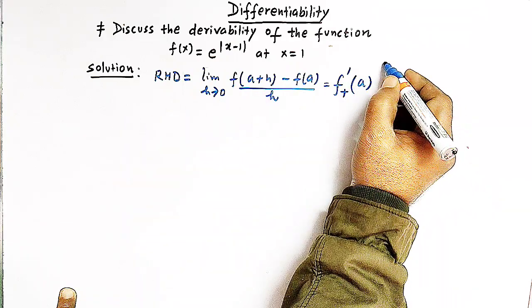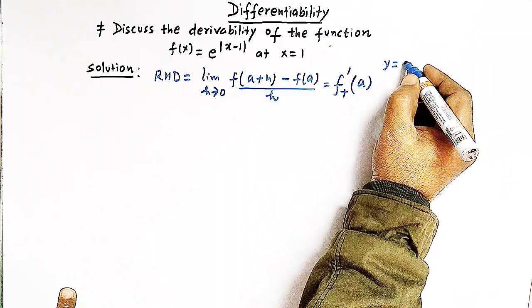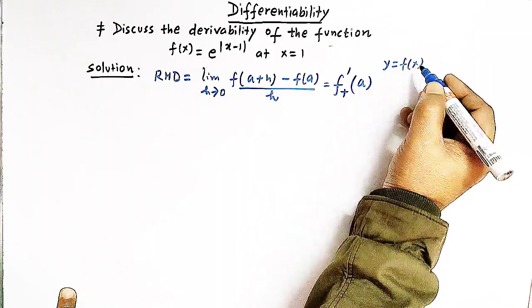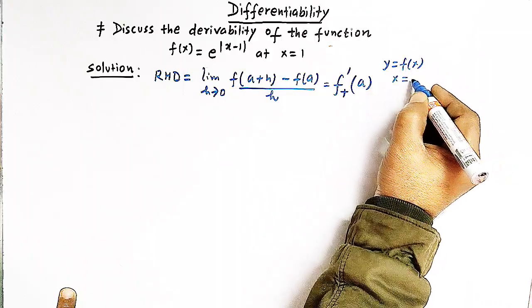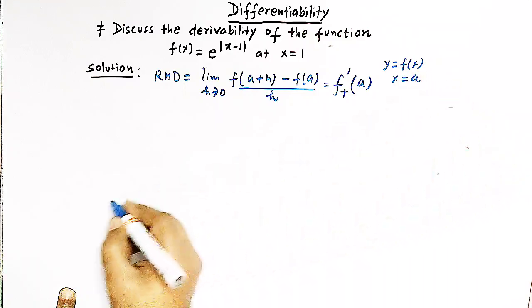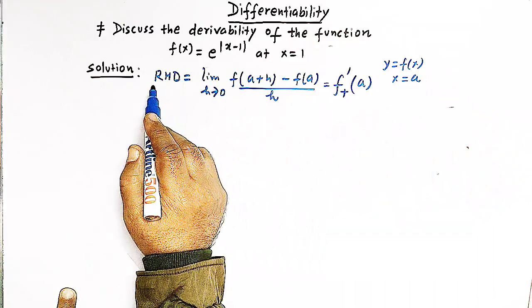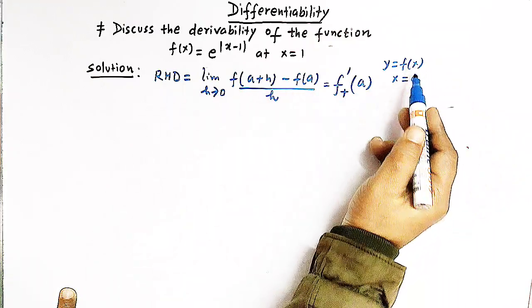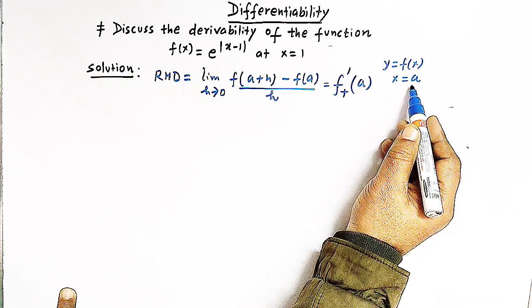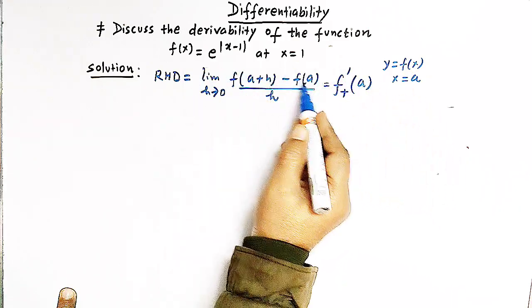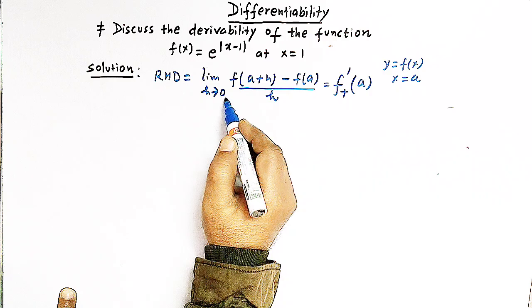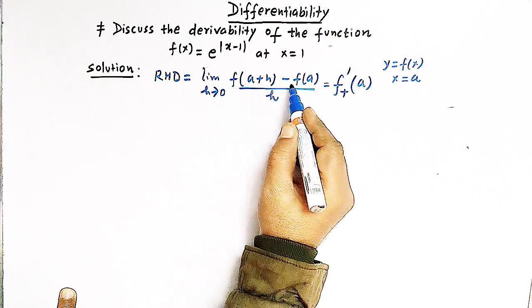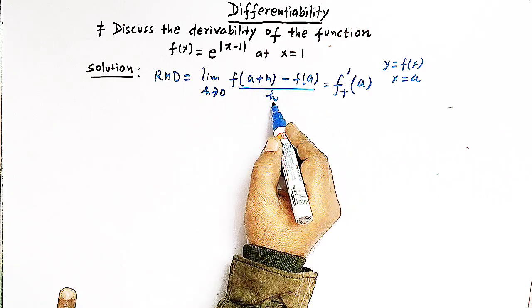So if we have a function, say y is equal to f of x, and if we are given a point, say x is equal to a, then the right hand derivative of this function at x is equal to a is defined by this limit, that is limit h tends to 0, f of a plus h minus f of a divided by h.